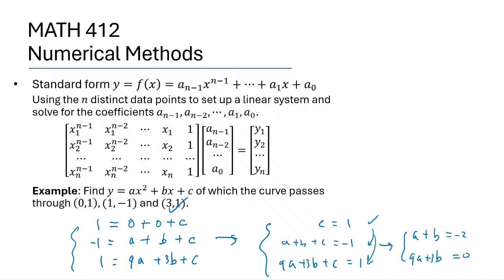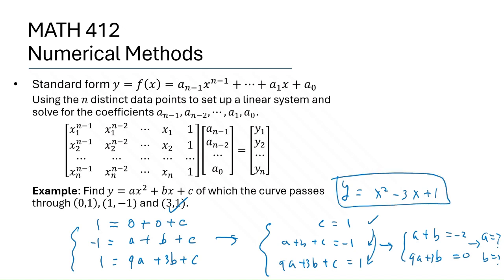And then you solve these 2, you can find a and b. So it must be, I believe, y is x squared minus 3x plus 1. I believe it's this. So that's it. That's using the standard form of a polynomial of degree n minus 1.